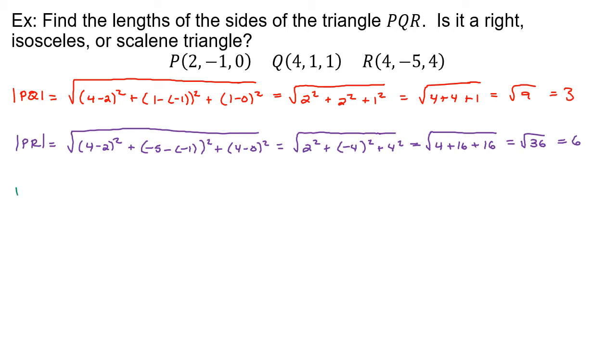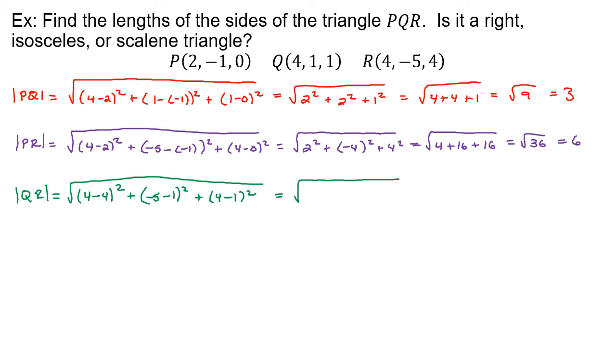And then we've got to do QR. And so QR would be 4 minus 4. I always like it when they subtract off. I'll have negative 5 minus 1 and 4 minus 1. I bet this one doesn't come out quite as nice.